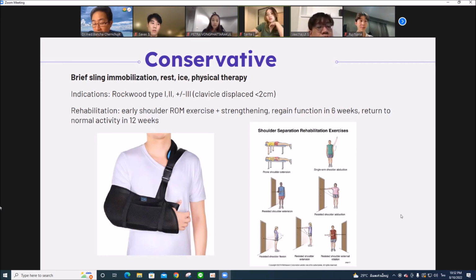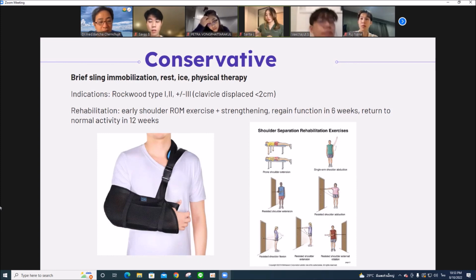In grade 3, it depends: if the patient is a very active overhead athlete or heavy worker, you need to reduce it. Reducing it conservatively is impossible, because the AC joint is not like the hip joint or shoulder joint, where you can apply traction and the head is reduced. If you want to reduce it, you need to do surgery.